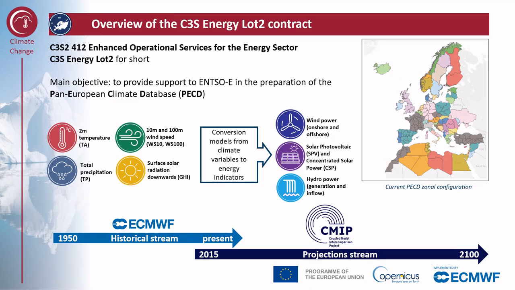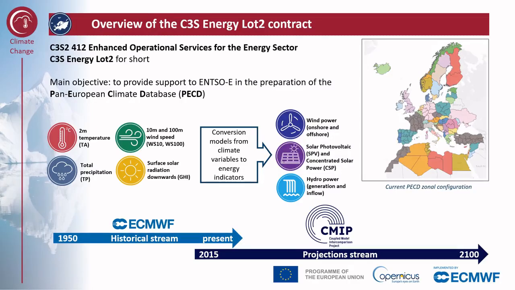To achieve this, the contract focuses on key climate variables including 2-meter temperature, wind speed at 10 meters and 100 meters, total precipitation, and surface solar radiation downwards. These climate variables are then converted into energy-relevant indicators, which include wind power, both onshore and offshore, solar photovoltaic power, concentrated solar power, and hydropower generation and inflow.